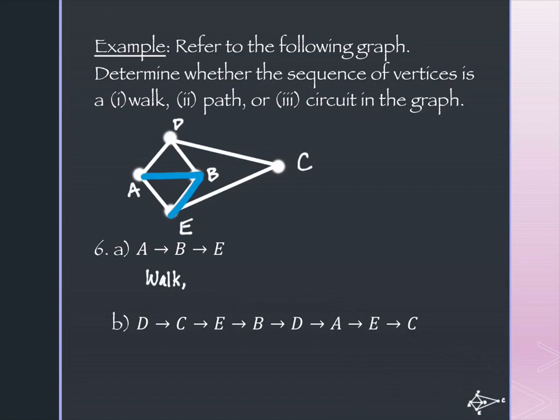Now, is it a path? Yes. The only additional consideration for a path is that I didn't repeat any of my edges. And I didn't. So yeah, this is also a path. Is it a circuit? No. Why is it not a circuit? It didn't end at the same point I started at.